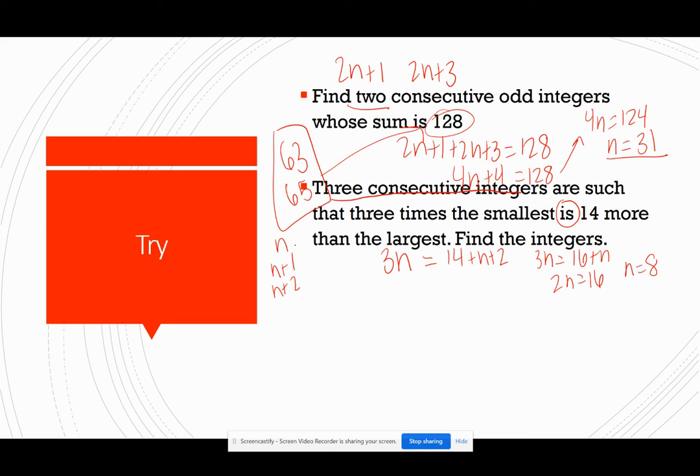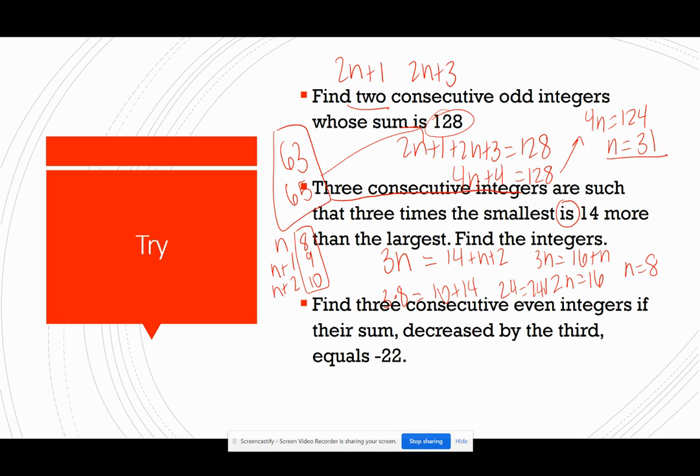All right, plug it in over here: 8, 9, and 10. To check, 3 times the smallest, so 3 times 8, has to equal 14 more than the largest. 10 is the largest, so we add 14, and we do get 24 equals 24, so I know I am correct.